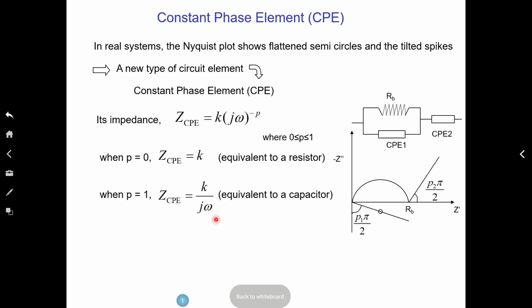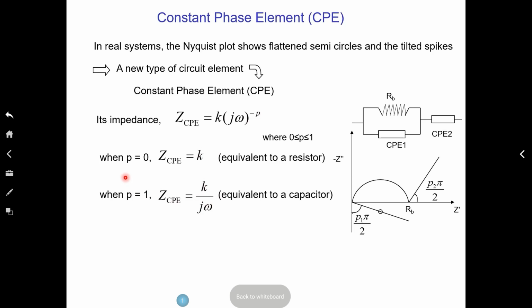Remember that from a capacitive component, the contribution you get is 1 over j omega. So this was looking like a contribution from a capacitor. So if P is close to 0, the constant phase element is like your resistor. If it's close to 1, it's acting like a pure capacitor.